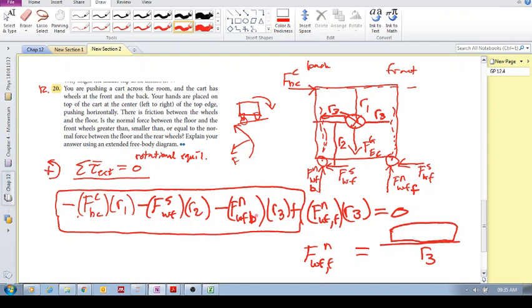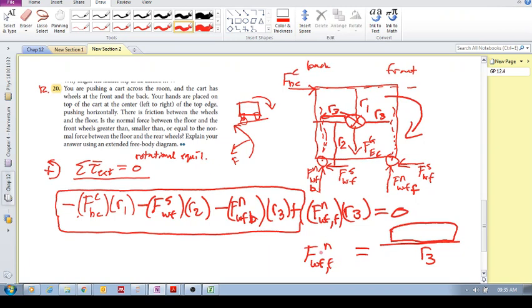So all you need to do is compare this value, the front one, to the rear one, the back one, and you'll see that the one at the front is taking a much higher load than the one at the back. The idea is just that there's this torque. This is how you would mathematically compute this.